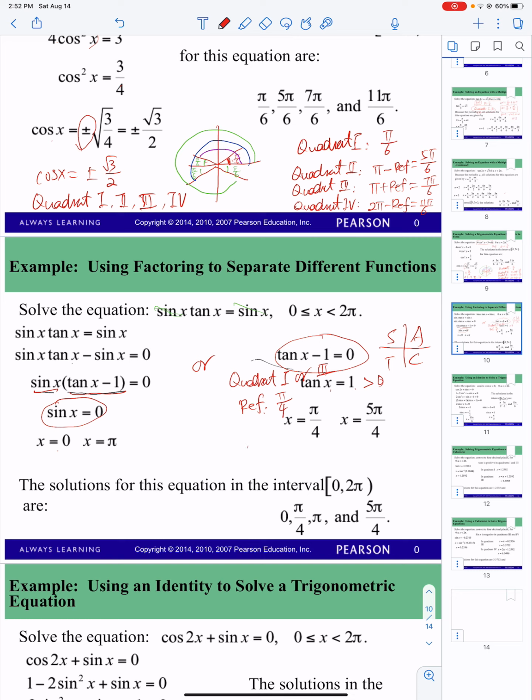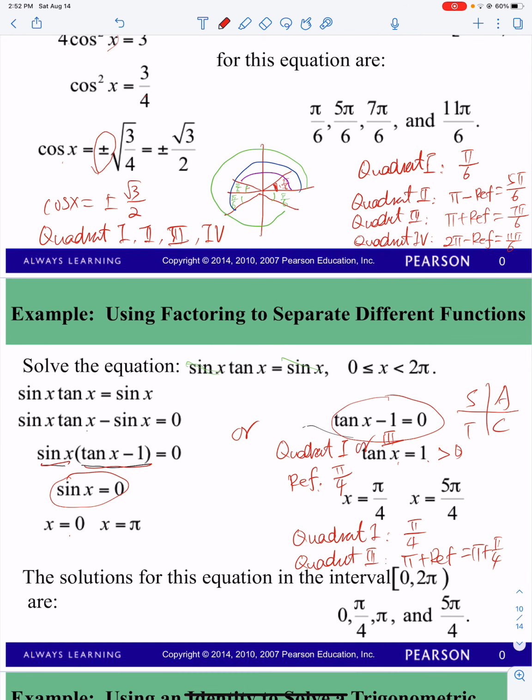In quadrant 1, it will be the reference angle, pi over 4. In quadrant 3, it will be pi plus the reference angle, which is pi plus pi over 4, or 5 pi over 4. So this is where these numbers come from.